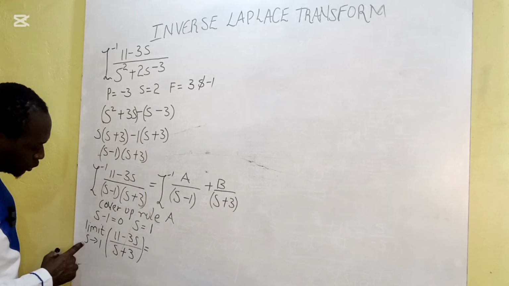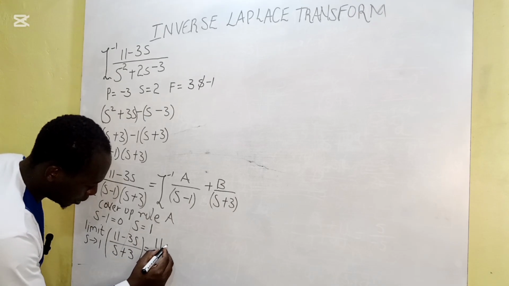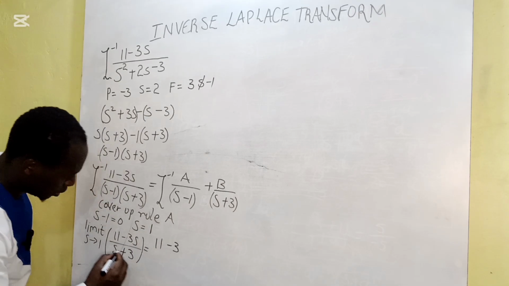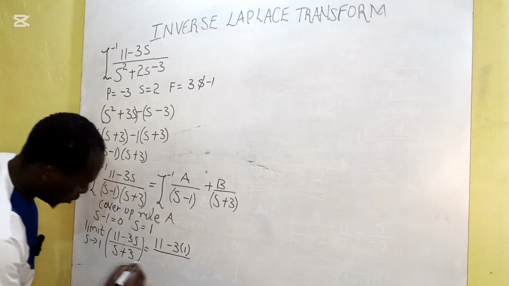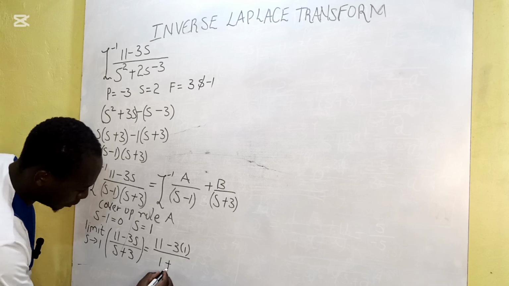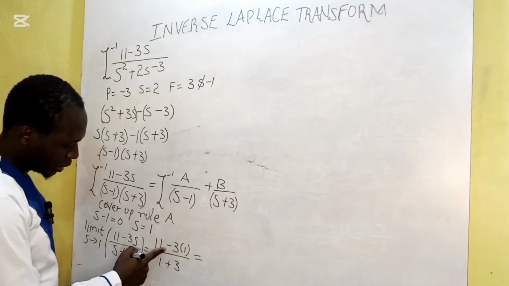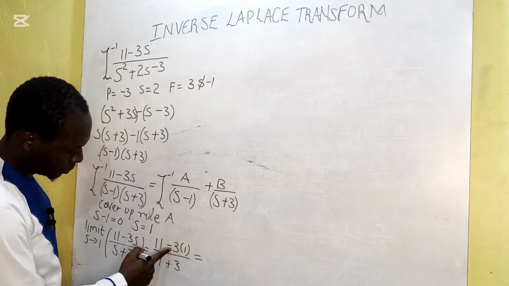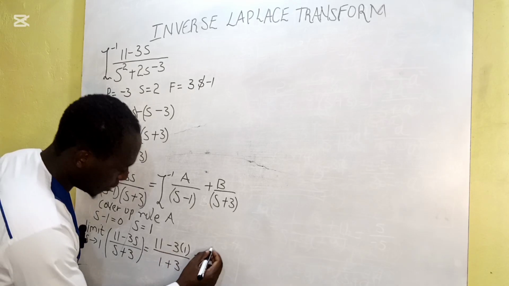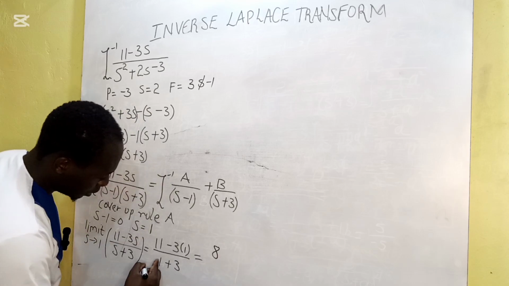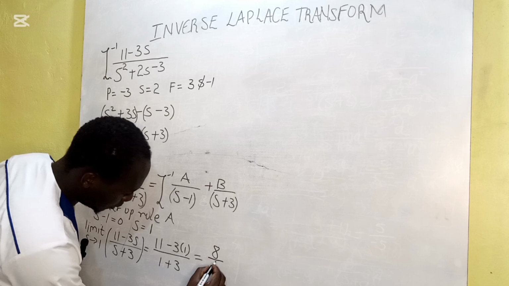Which will be equal to, now we insert our limit to the term of s, 11 minus 3 into 1 all over 1 plus 3. 11 minus 3 gives us 8, and on the denominator, we are also going to have 4.